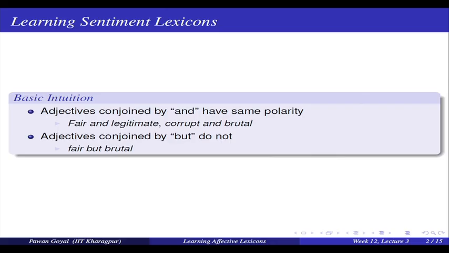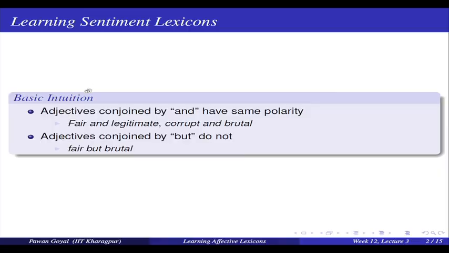Suppose I have to learn the polarity of different words in my lexicon. What might be the basic idea or intuition that I can start with? The intuition can come again from the distributional hypothesis: when do words of the same polarity occur together, or how do words of different polarity occur together?